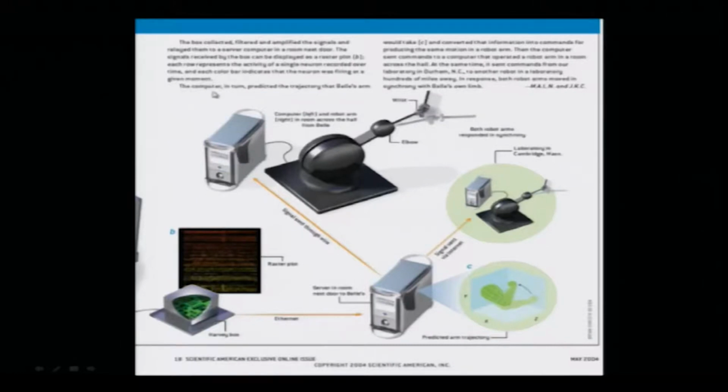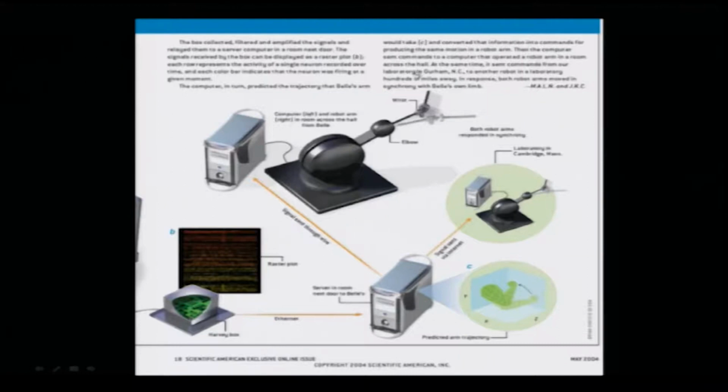The computer in turn predicted the trajectory that Bailey's arm would take and converted that information, this is very important, into commands for producing the same motion in a robotic arm. This is the key out here.